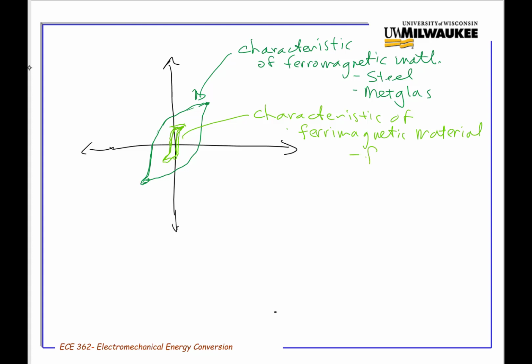For example, ferrites. And another one is mu metal, is the name that they call it. Okay, I'm going to tell you this, then we're going to go back and look at one other thing.